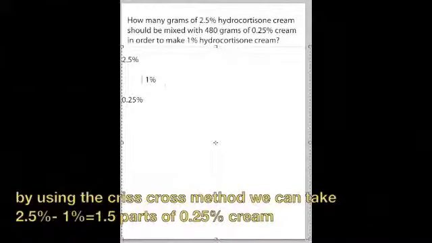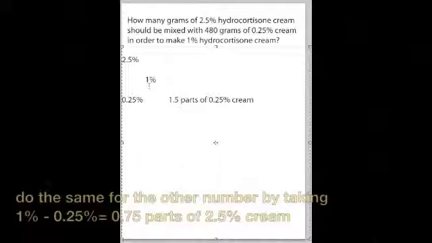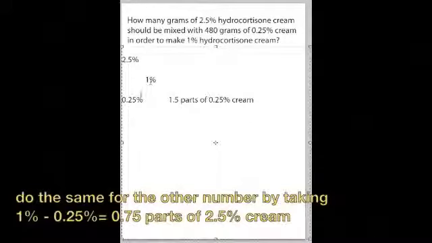By using the crisscross method, we can take 2.5 minus 1%, which will equal 1.5 parts of the 0.25% cream. Do the same for the other number by taking 1% minus 0.25%, which will equal 0.75 parts of the 2.5% cream.